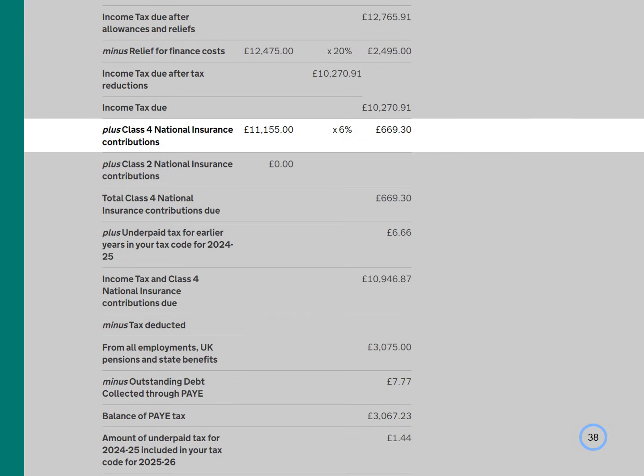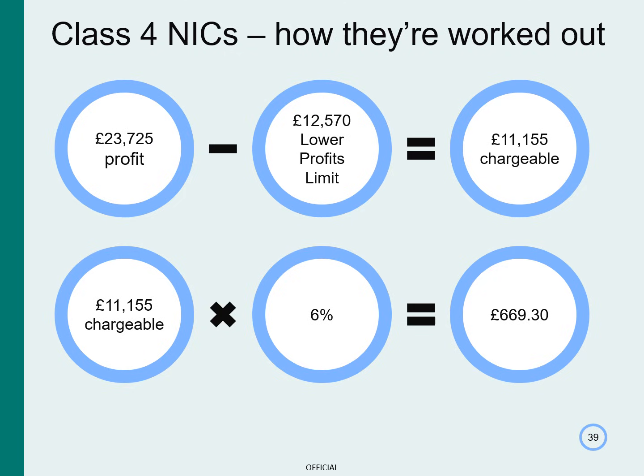Next, if you were self-employed or a partner in a partnership, you'll see how we've worked out any Class 4 that's due. The amount of Class 4 national insurance is your self-employment profit, in our example £23,725, minus the lower profits limit of £12,570.